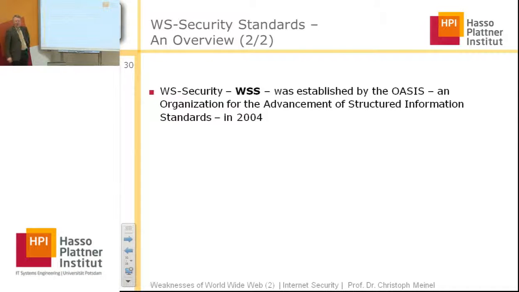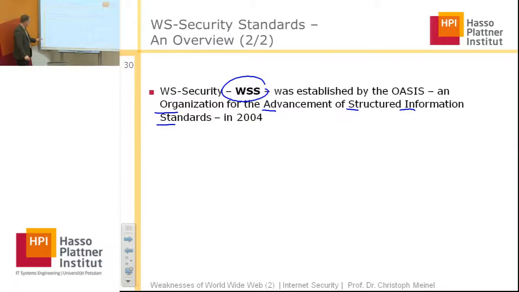So a short overview about the Web Service Security Standards, that's WSS. I already mentioned this OASIS organization. This OASIS is an organization for the advancement of structured information standards. It was proposed in 2004.